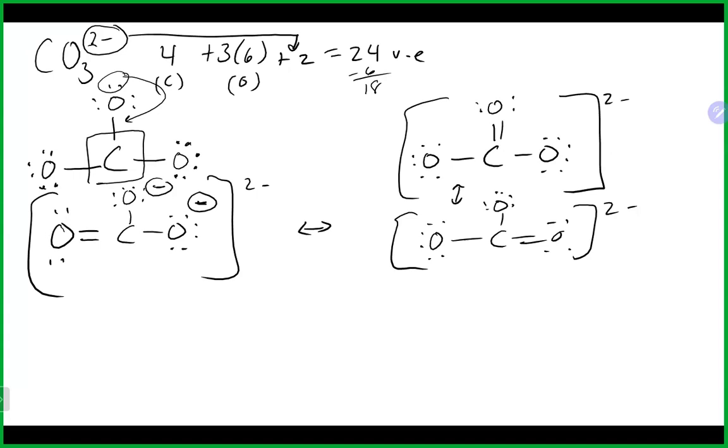They're sharing them unequally, and that's going to cause such an unequal sharing that those single bond oxygens take on almost like a negative charge because of that. And overall, the thing has an overall charge of -2. So it's kind of an interesting thing. It's like a covalently bonded thing that still has a charge, and it works as an ion as well. Any questions on that there? All right.